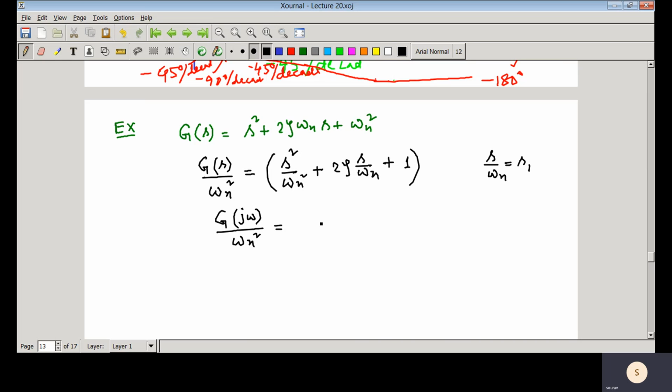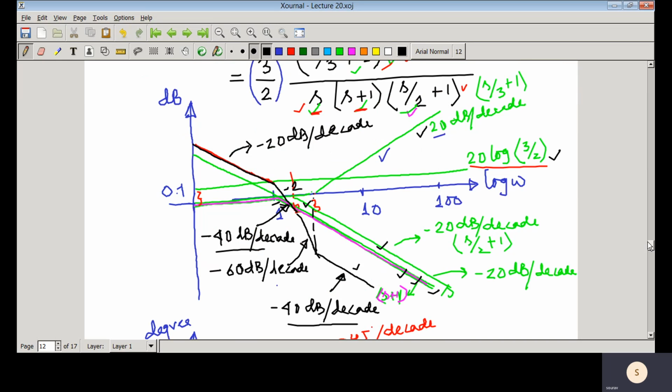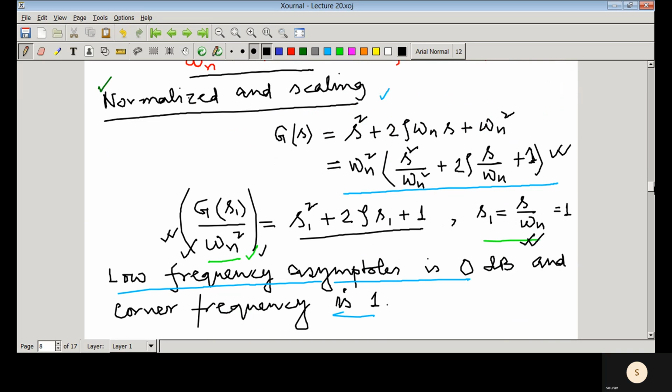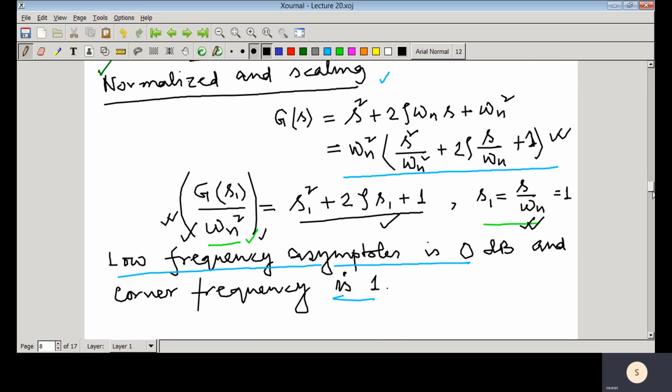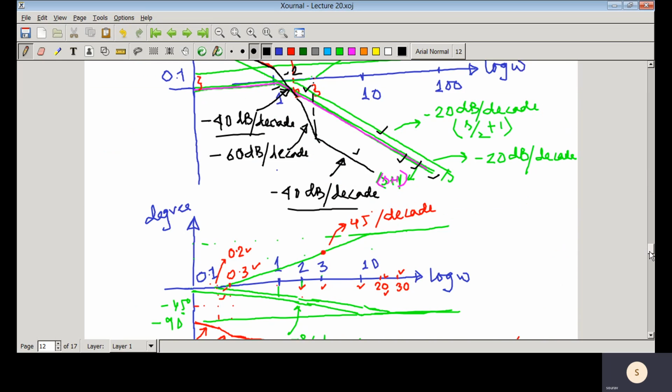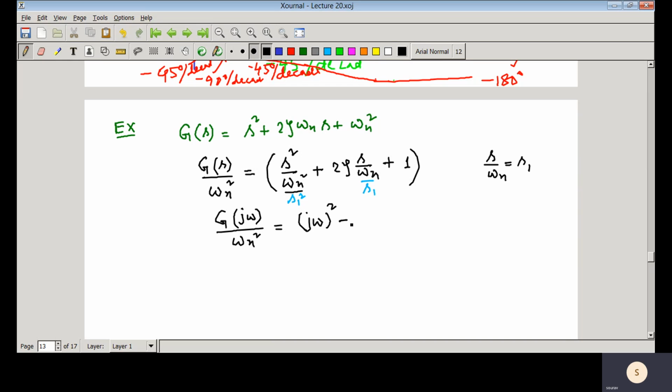Here it would be (j omega) whole squared, because you would have s1 squared and s1. So in place of s1 I am just replacing j omega, giving twice zeta j omega plus 1.